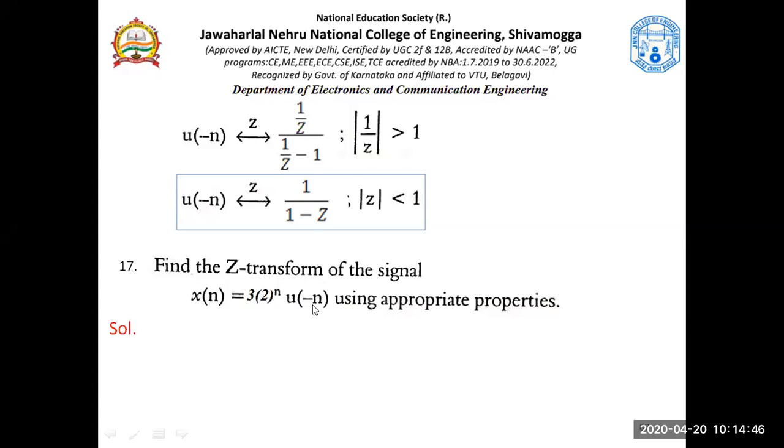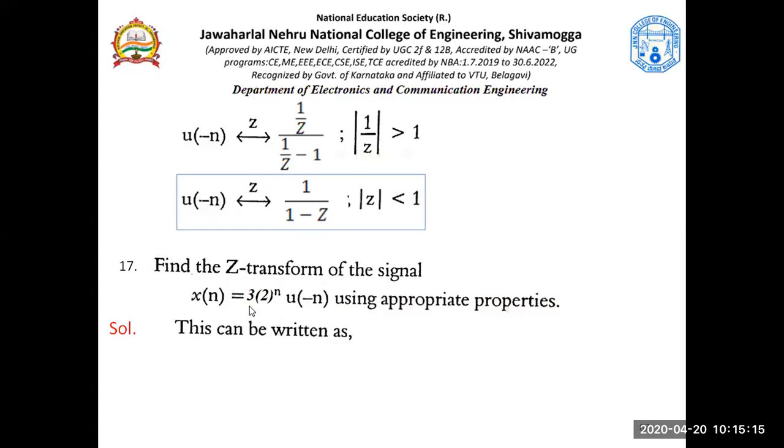Without changing the signal, we can write this as half to the power minus n. Why did I want to take this as minus? Because there is a minus. I cannot eliminate this, but I can bring a negative sign here by making this half. That is what one needs to take care of in such problems.